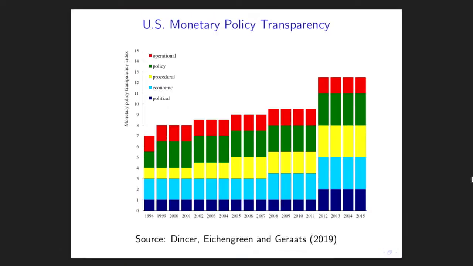And then we see this big jump up since 2012, when the Fed provided a statement clarifying its monetary policy framework and strategy, quantifying its main goals, and systematically providing quantitative forward guidance in the form of this dot plot. And with all these changes over time, the Fed currently, in 2015, ranks high on the score.